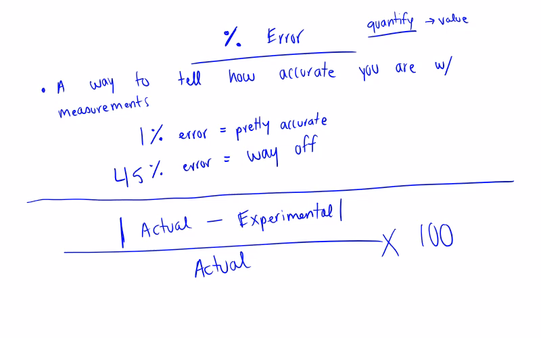So if you have a 1% error, that's pretty good. We want a low percent error. That means that we really didn't mess up. So if you did a calculation and ended up with 45% error, then you know that you're way off.